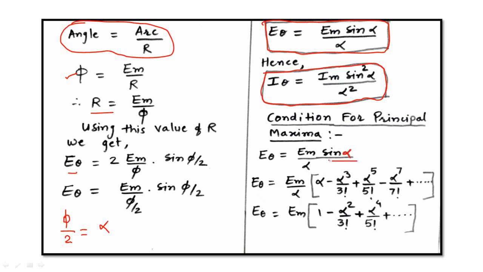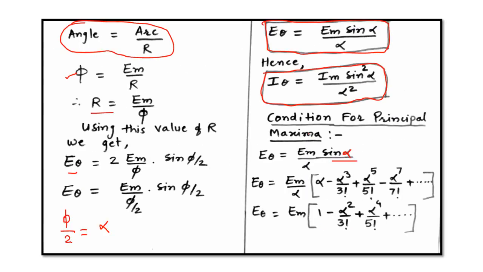We expand this sine of alpha in terms of a sine series of alpha, which is alpha minus alpha cube upon 3 factorial plus alpha raised to 5 upon 5 factorial minus alpha raised to 7 by 7 factorial plus and so on. So we can now cancel out this alpha from the denominator, and hence we get E theta is equal to Em into 1 minus alpha square by 3 factorial plus alpha raised to 4 by 5 factorial plus and so on.